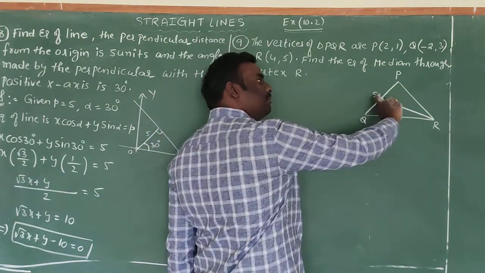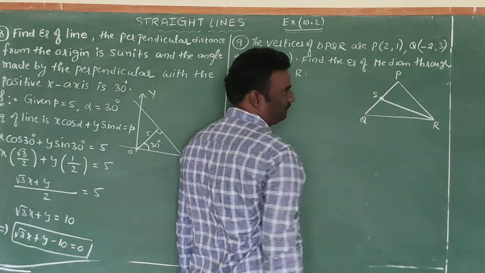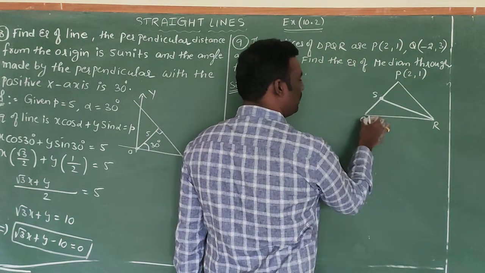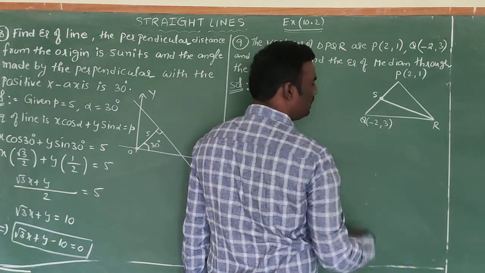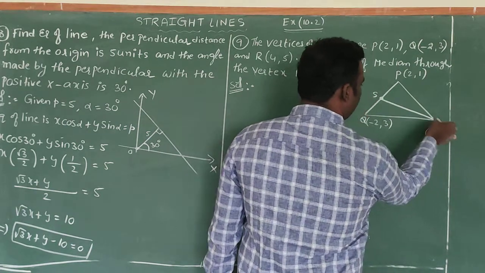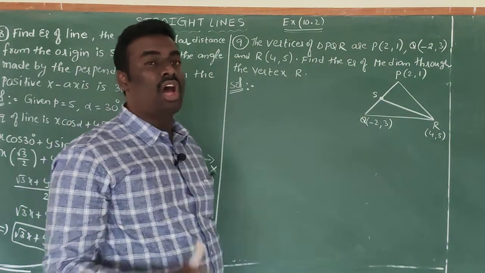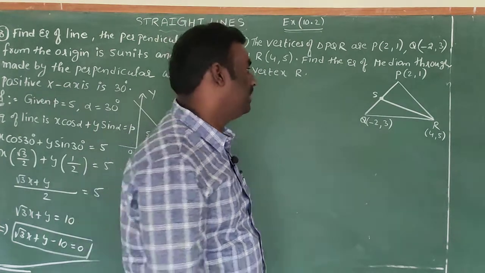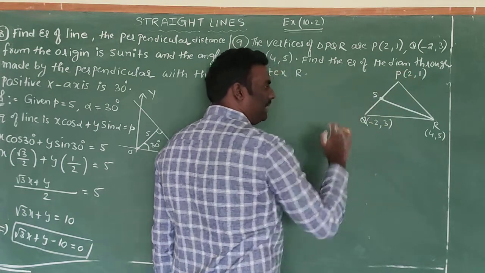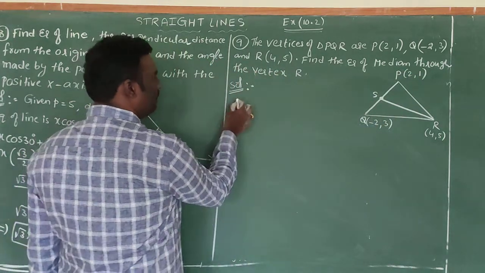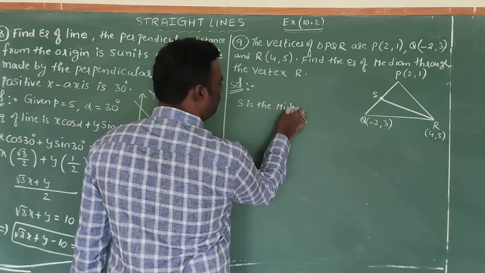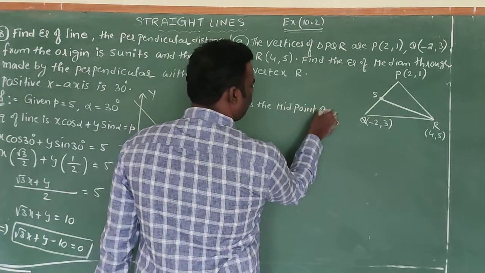This S is the midpoint of Q and P. P point we already know is (2, 1), Q point is (-2, 3), R point is (4, 5). We need to find this median. A median always bisects the opposite side. So this bisects the opposite side, which means S is the midpoint of PQ.